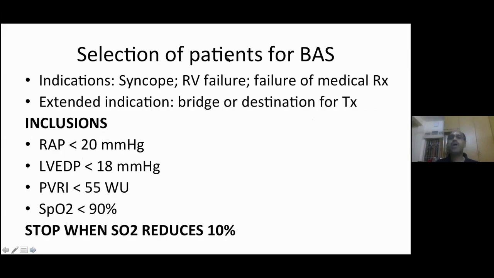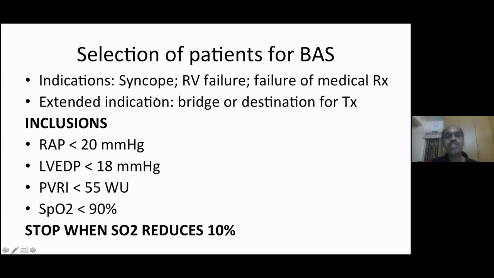Selection of patients for balloon atrial septostomy. Since the era of mechanical treatment of pulmonary hypertension is becoming more and more popular, we need to know in which sort of patients we will be doing balloon atrial septostomy, or in other words, right atrial decompression.